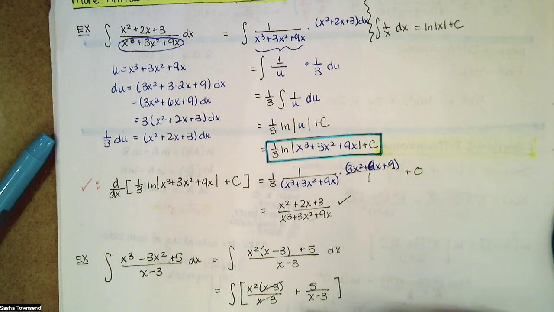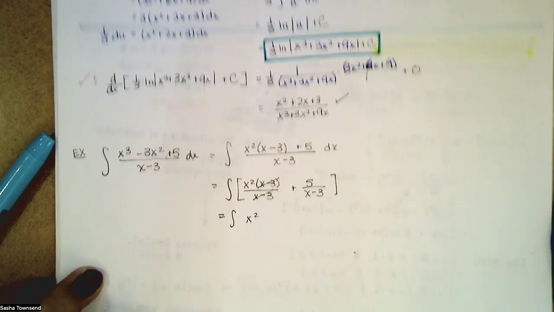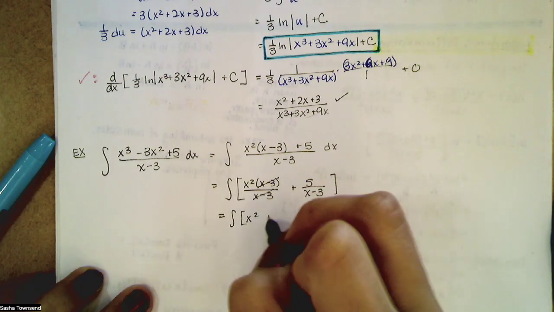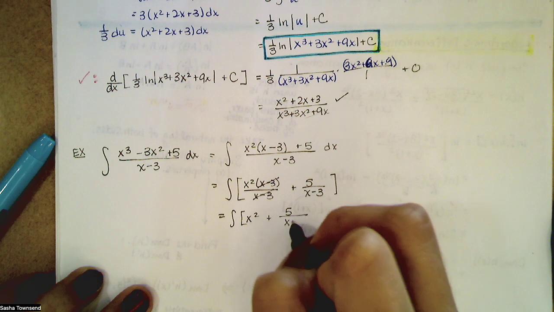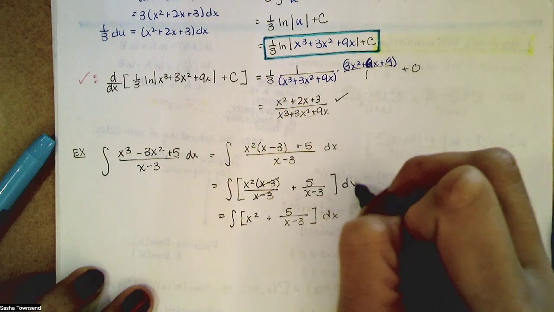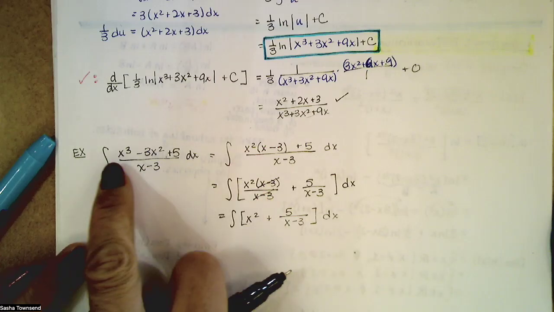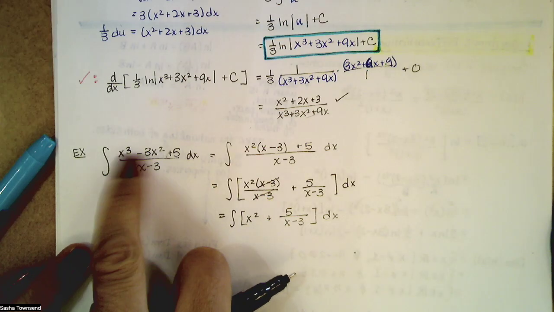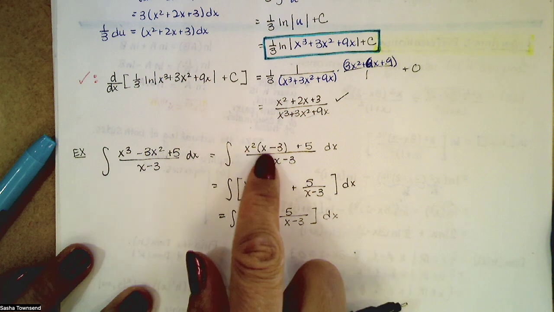And the x minus 3 is reduced, and you just end up with an x squared. That's nice. That's the same answer that we would get if we use long division. But we see in this case, long division was not necessary because we could factor out that x squared and divide out that x minus 3.